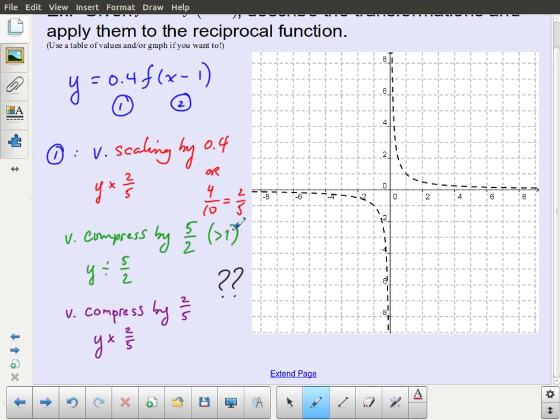So what I recommend is, when you write this, my preference is that you write this as compression. I want to see this word compression no matter what. And I'm going to trust that you know that compression means that it is getting smaller.